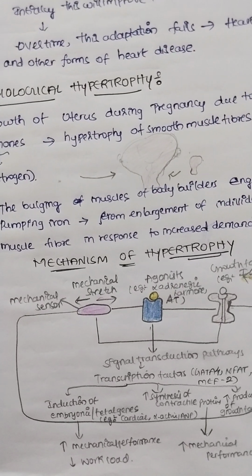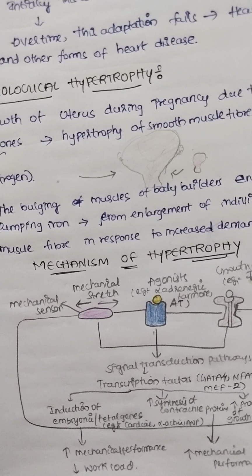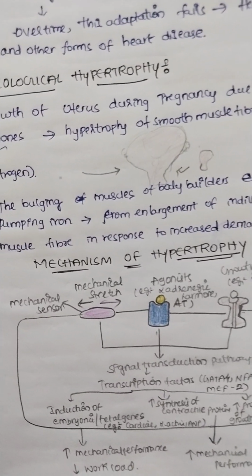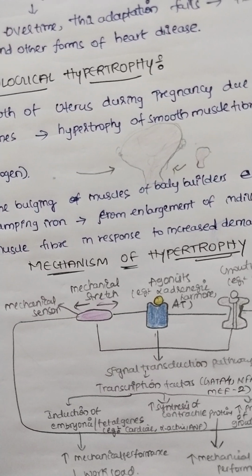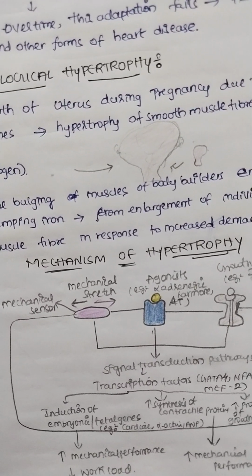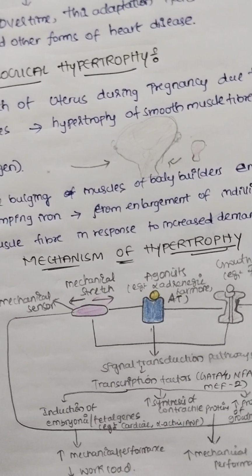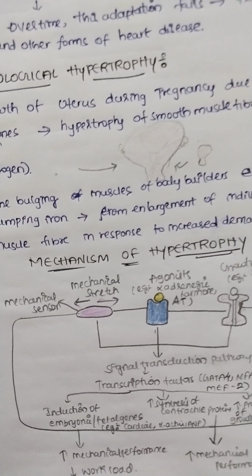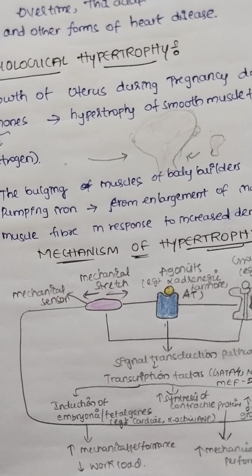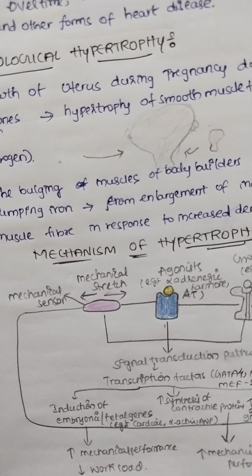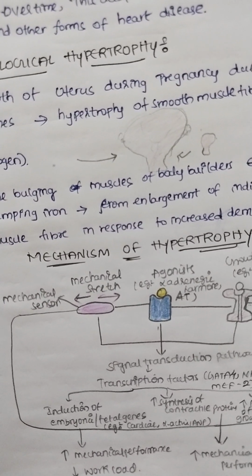So let's quickly discuss the mechanism underlying this hypertrophy. Normally if there is any increased workload, what will happen? Mechanical receptors will sense the workload. They will activate the phosphoinositide 3 kinase pathway or AKT pathway.